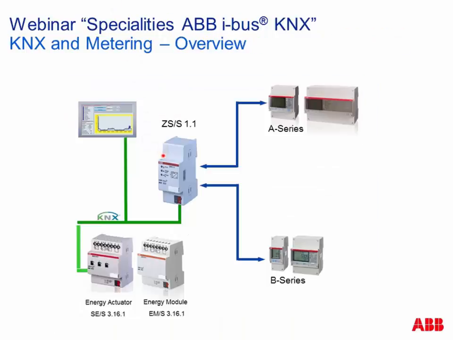So also a special device of ABB is a so-called meter interface, ZSS. This interface we use, for example, to connect our energy meter. At the moment we have the new series of meters, our EQ meters, the A series and the B series, and all of these meters have an infrared interface on the left side.